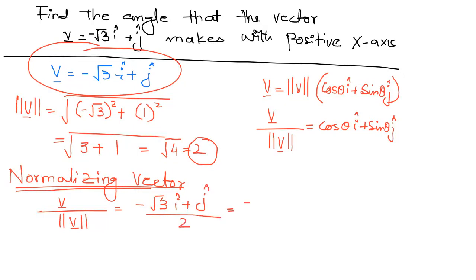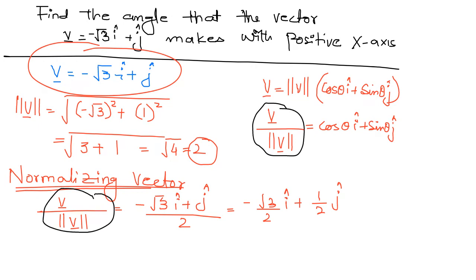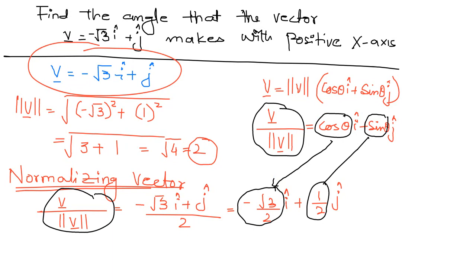So you can also write minus square root of 3 by 2 i plus 1 divided by 2 j. Now compare these two values. This one and this one are the same. It means this value is cosine of theta, and this value is sine of theta. Is this okay?